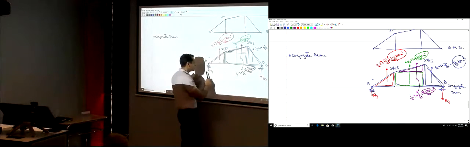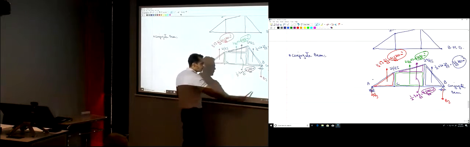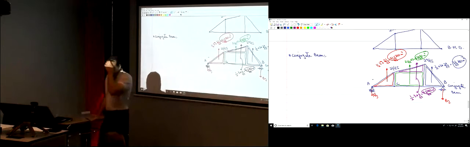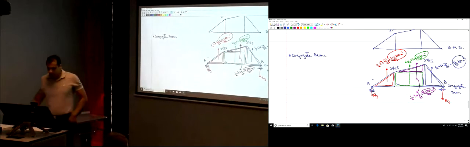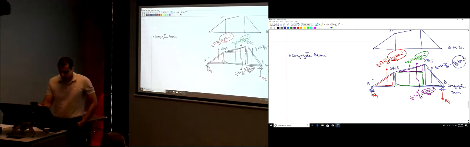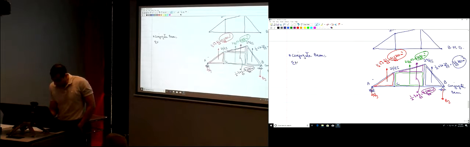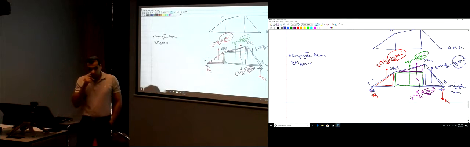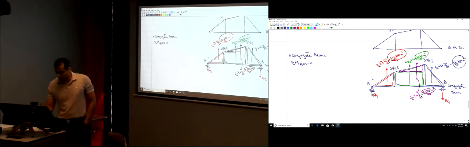Applying this to the beam, I want to apply the equations of equilibrium to find AY and BY. So how would you find AY and BY? You take moment about point A, summation of the moments about point A equal to 0. Let's draw by colors here. The first force, how much is the moment of this force?